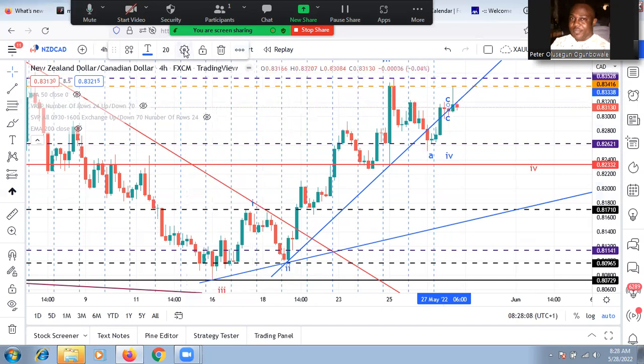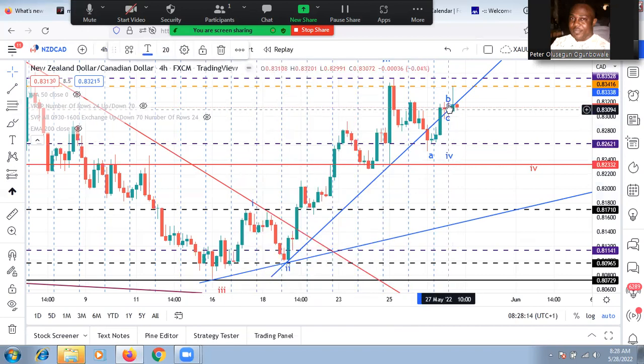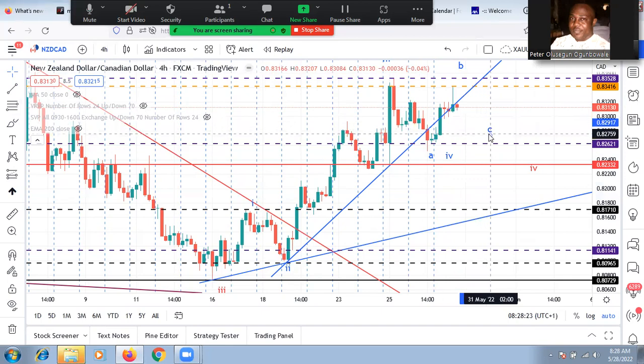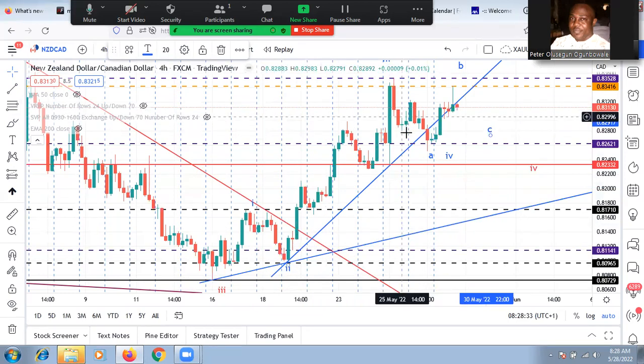So a B is the one going up, and a C should come down completely. Whatever we are doing, they should still fall above this trend of 1 and 2, original 1 and 2. So we are done with the internal structure of 3 with this.